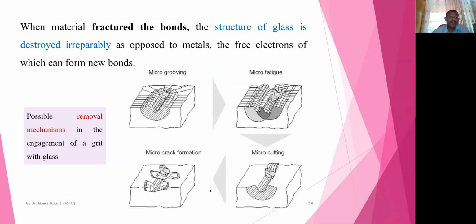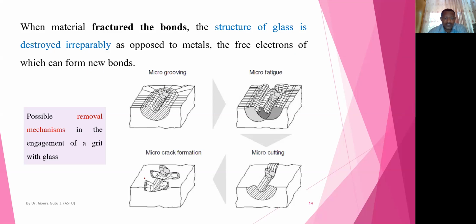When the material fractures, the bonds of the glass are broken and the structure of the glass is destroyed irreparably. So the structure cannot recover during machining of glasses. This is very difficult for machining unless we use very scientific methods, as opposed to metals, the free electrons of which can form new bonds.